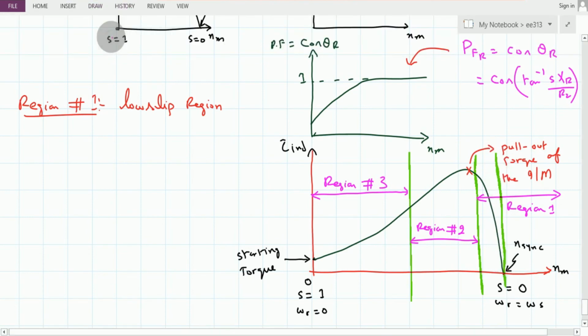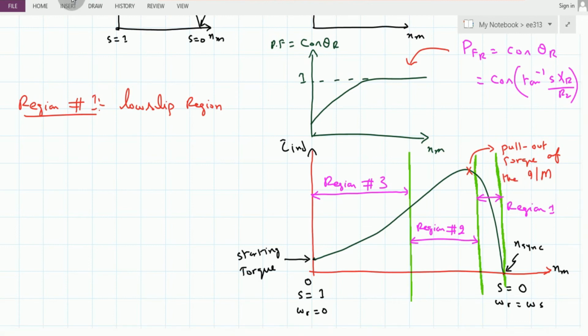Let me redraw it here. This is region number 1, right? So here we have a low slip. If we apply the load on the motor, it will certainly decelerate, as we have seen.